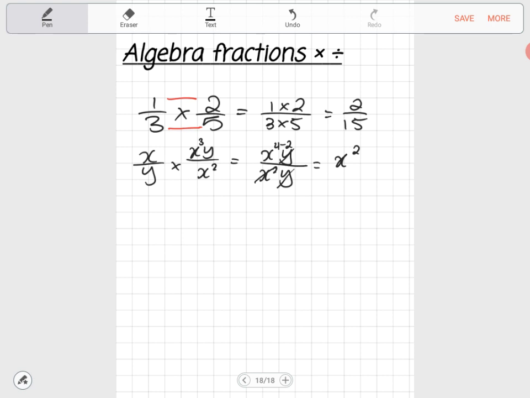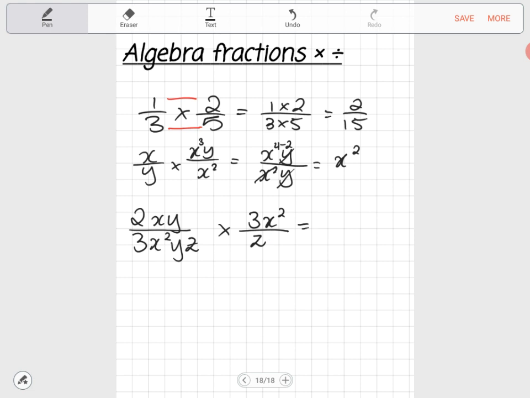Another example is if we were to have some numbers in it. So 2xy over 3 x squared y z, times 3 x squared over z.